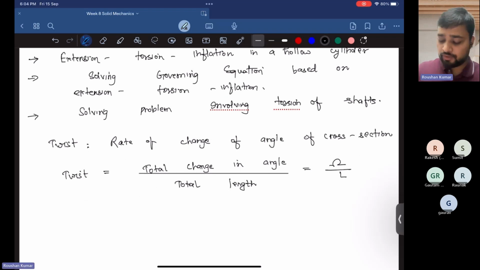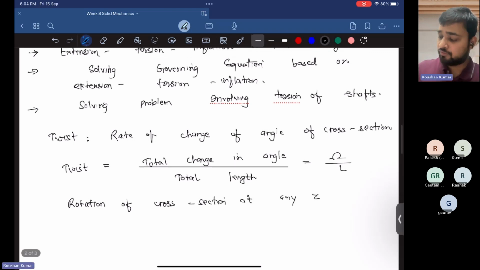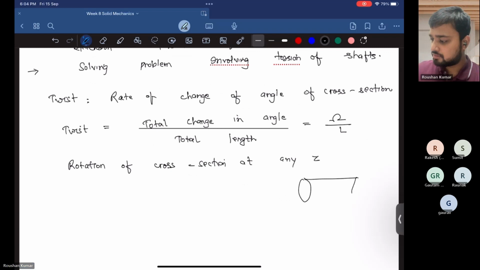If you want to find the rotation of the cross section at any z, suppose we have a cylinder and the length of the cylinder is along the z axis.